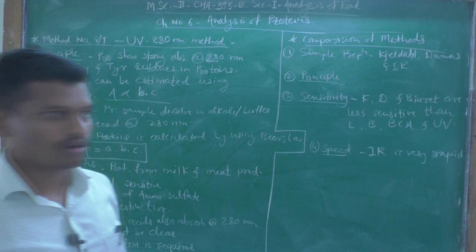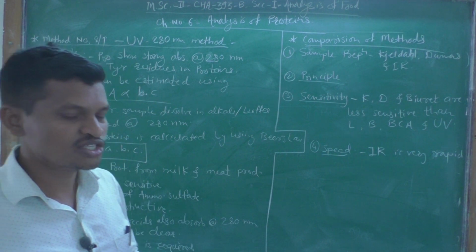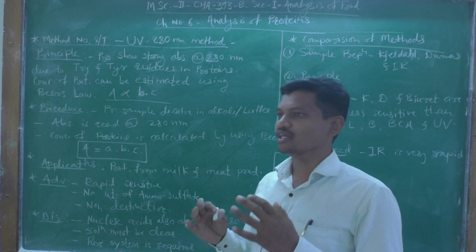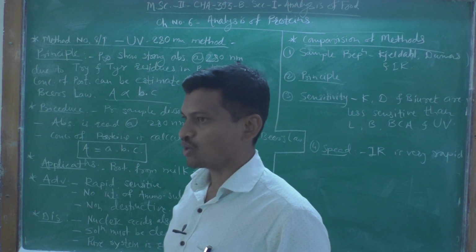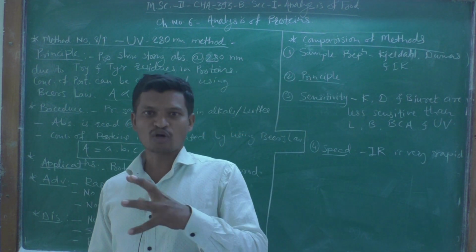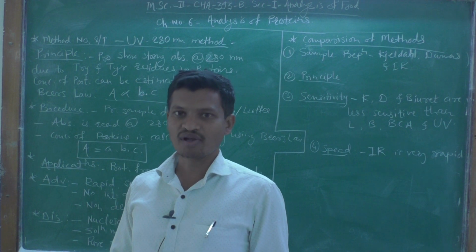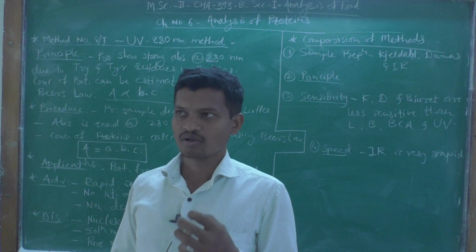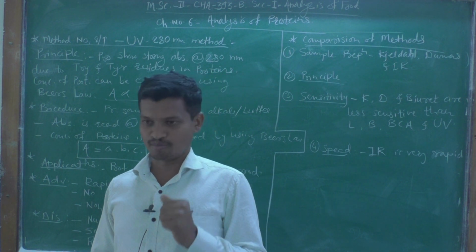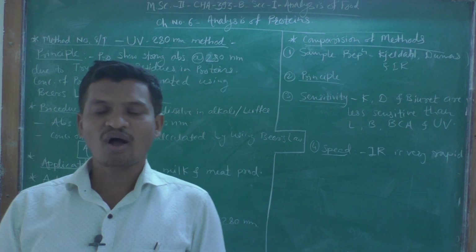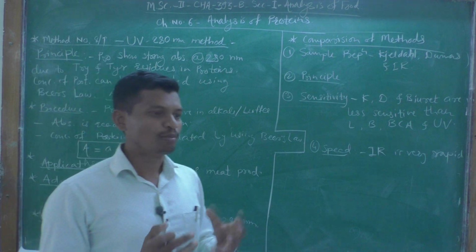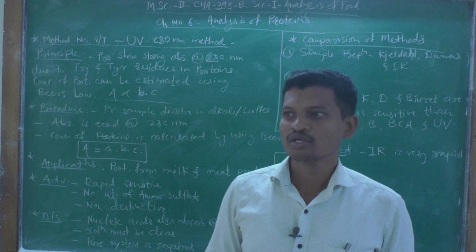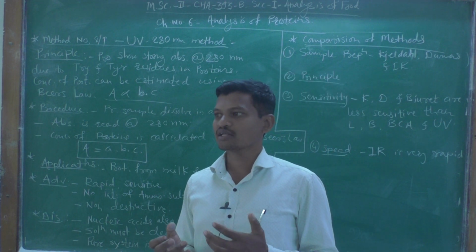Okay, and this title is indicating that this method is based on the absorption of ultraviolet light by the protein component present in the food sample. We know that all these proteins are made up of building blocks known as amino acids.